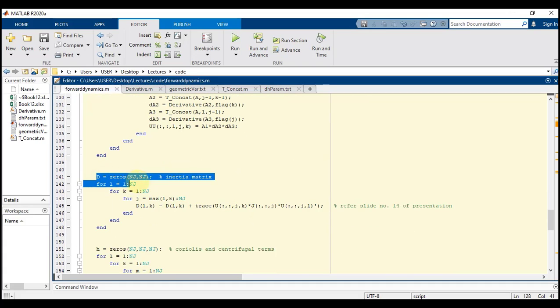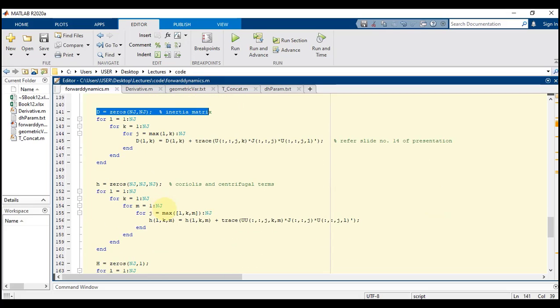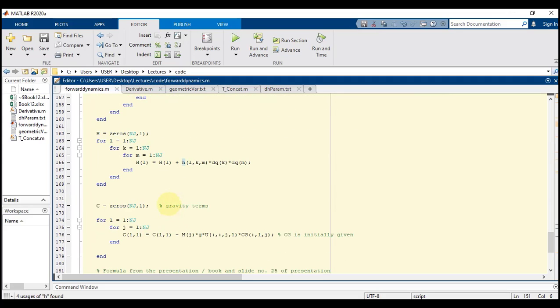D is the inertia matrix, which is obtained from the expression discussed in slide number 14 of the presentation. The Coriolis and centrifugal terms are represented by H. The gravity terms are represented by C.